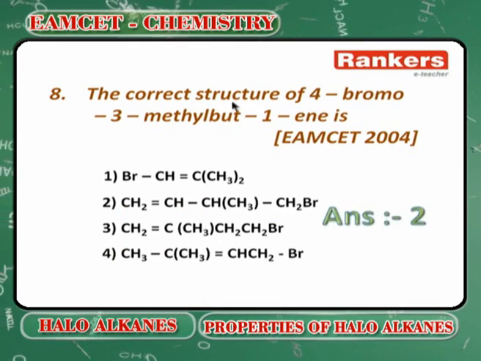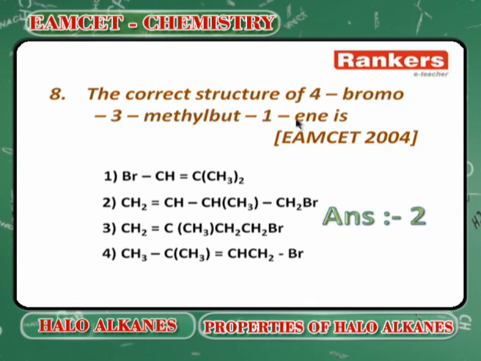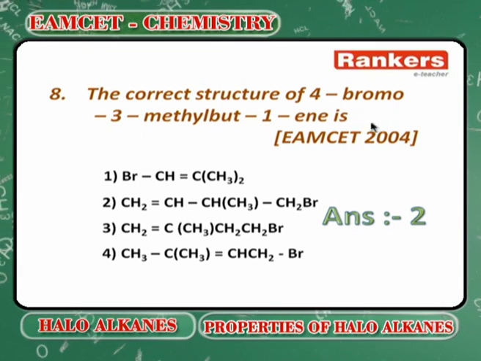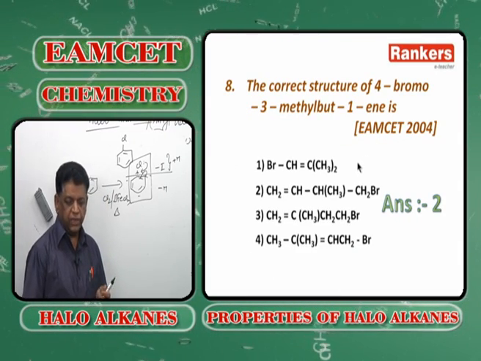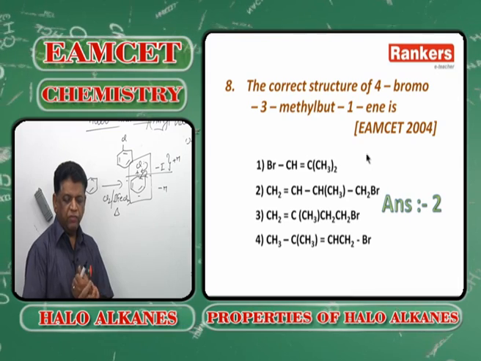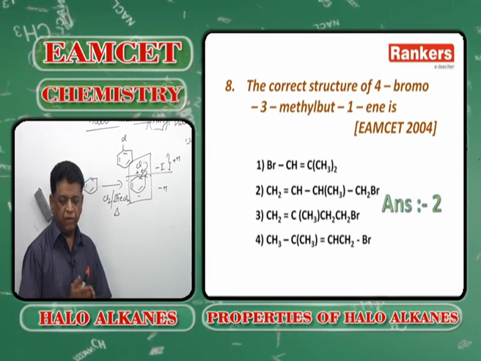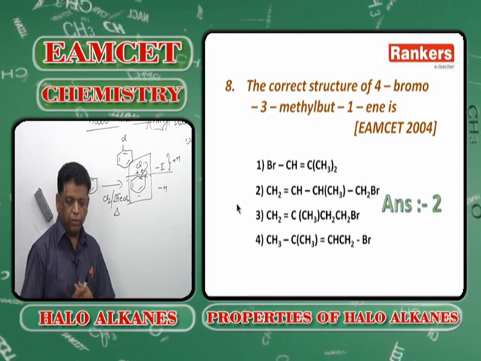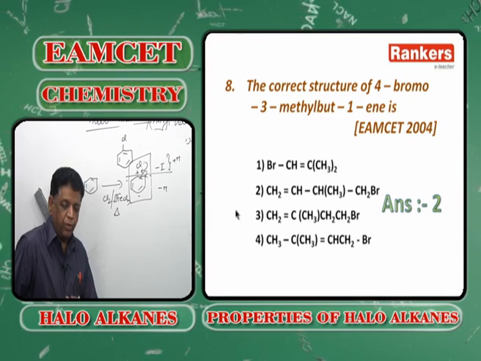The correct structure of the 4-bromo, it is a nomenclature question, 4-bromo 3-methyl. So, the numbering is from the ene side, not the halogen. Halogen is least preferred over the alkenes. So, therefore, first ene is given preference. In the second compound, the ene is given 1, 2, 3, 4 and on the fourth carbon bromine is there. So, therefore, 4-bromo. However, alphabetical order, bromo comes first.